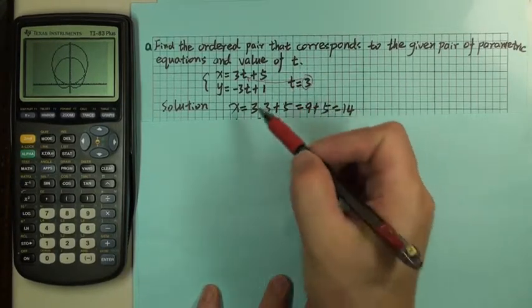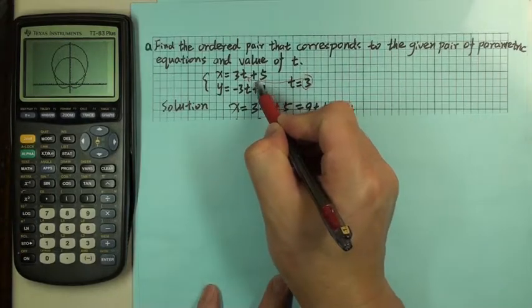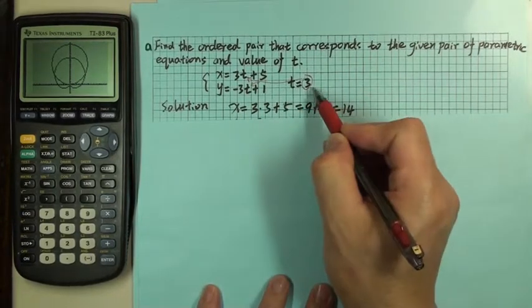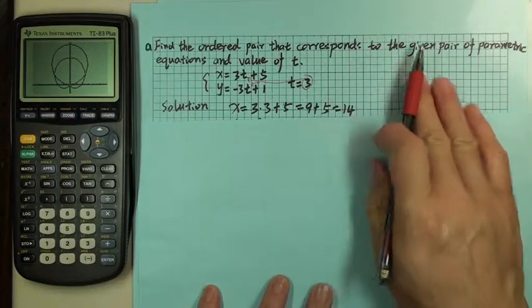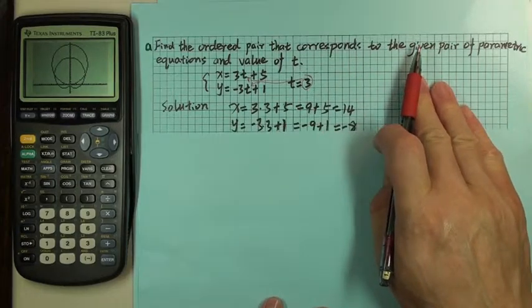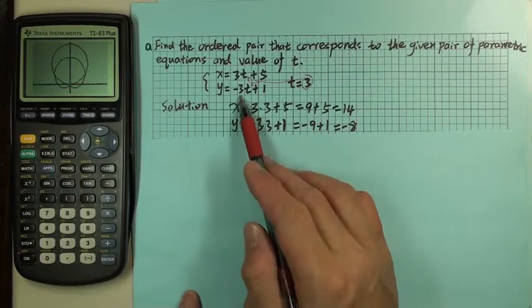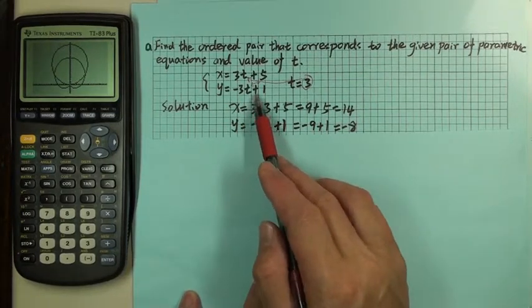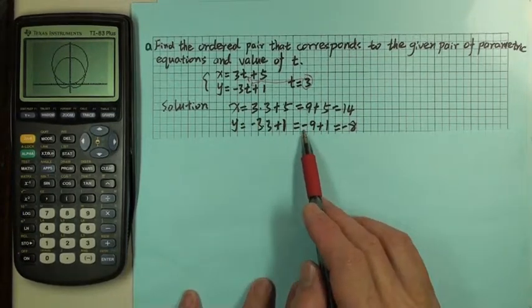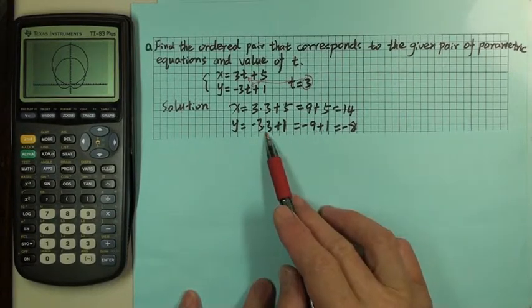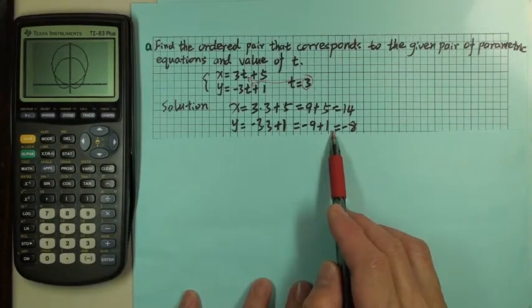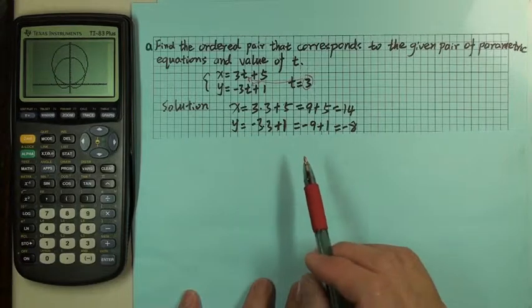And you can also put 3 here. Then what you get will be y equals negative 3 times 3 plus 1, which is negative 9 plus 1, and which is negative 8.